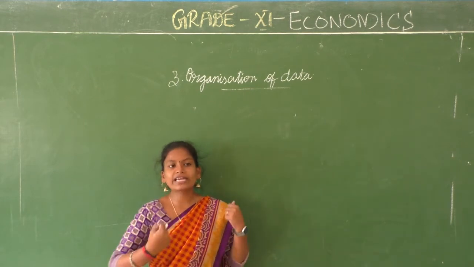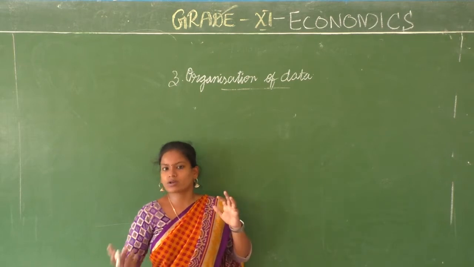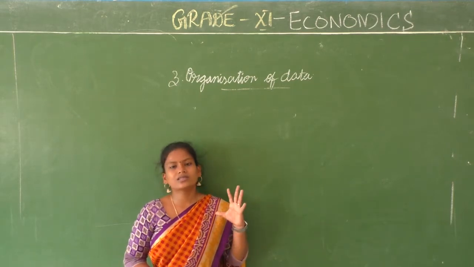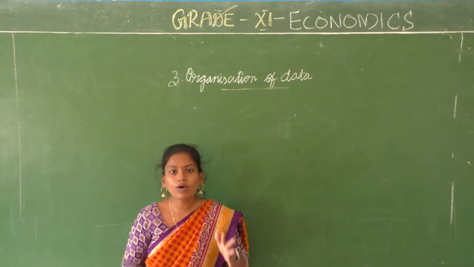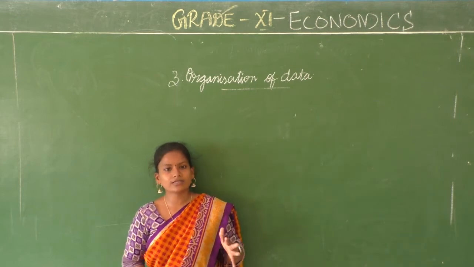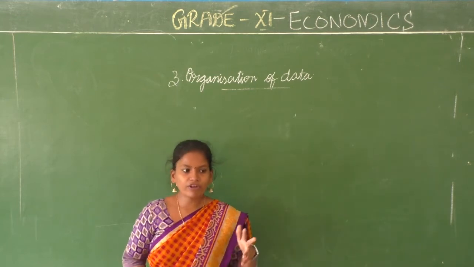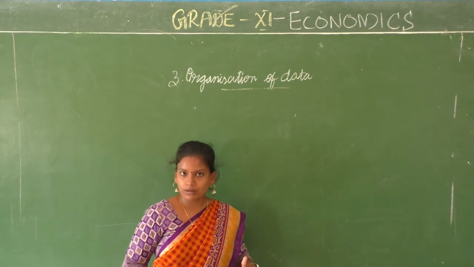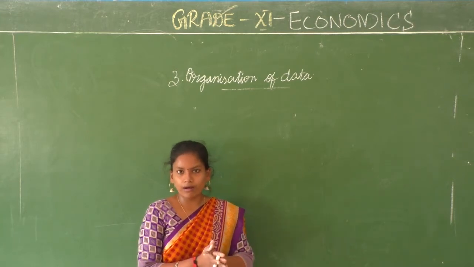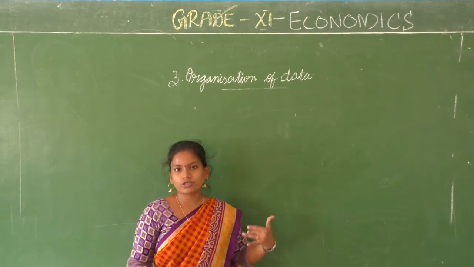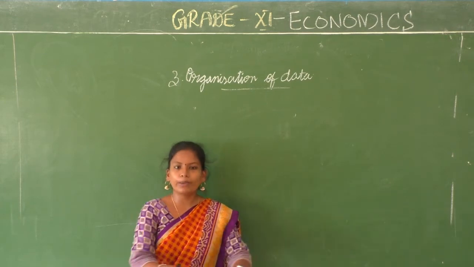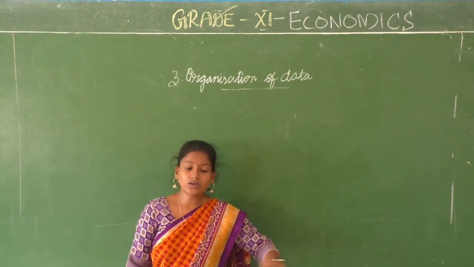Whatever data you get, first-hand information or from a secondary source, it is called raw data. What do you do with the raw data? You need to classify it. When your mother buys provisions, she puts everything together. And as soon as the provisions reach home, you people will sit and classify. This goes into the kitchen.